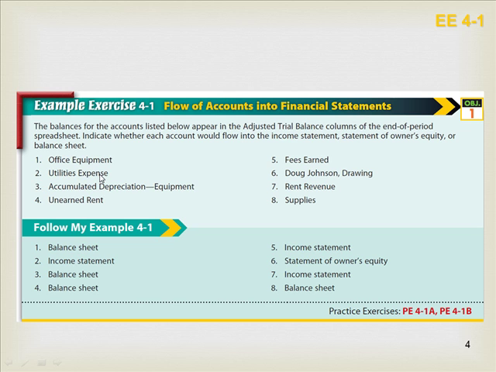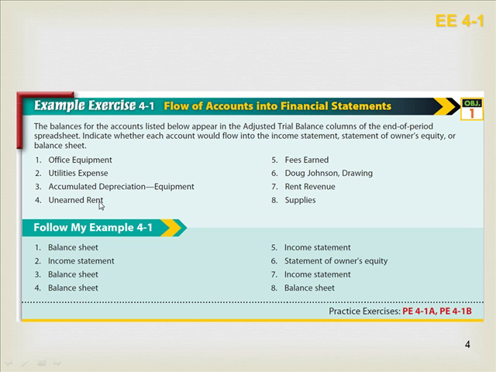Utilities expense is an income statement account because it's an expense account. Accumulated depreciation for the equipment specifically is a contra asset account, and it belongs on the balance sheet. It will also be listed generally directly underneath the asset that it belongs to.